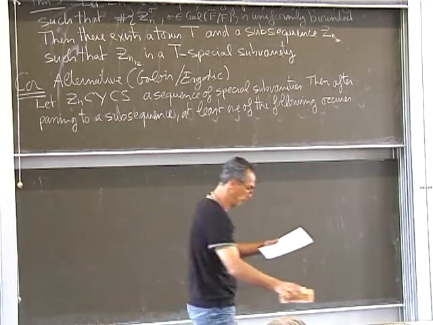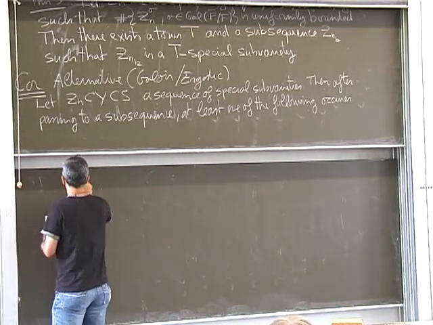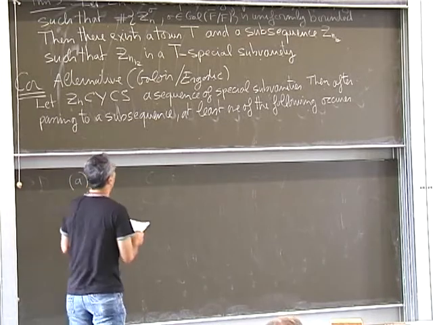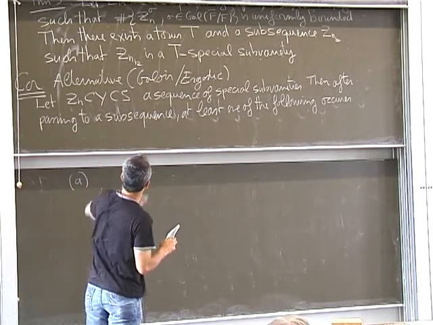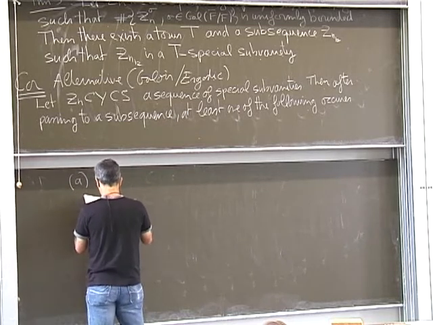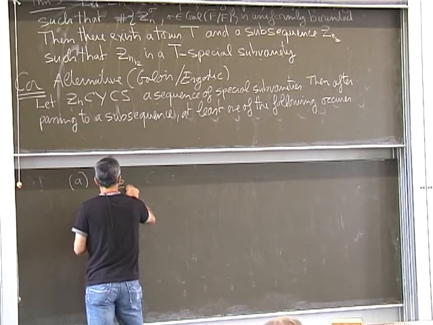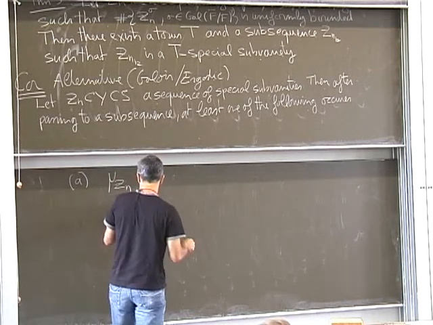Okay, so the first possibility is in the case the Galois orbits are uniformly bounded, and in this case, we will know by combination of this theorem.